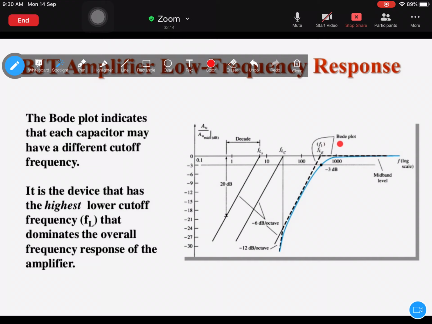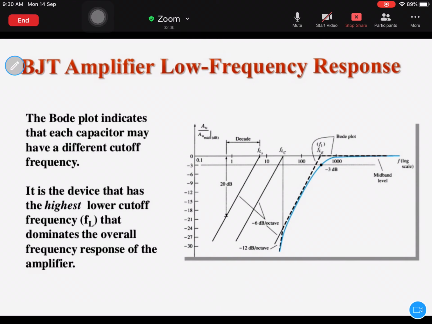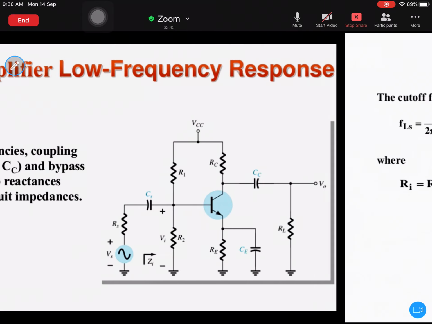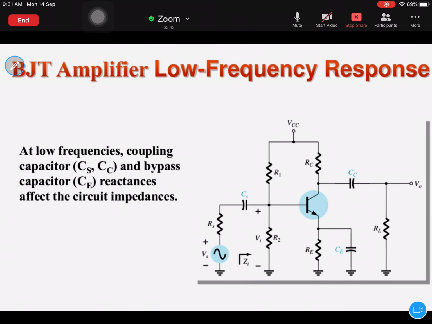Okay, small f1 is nothing but the lower cutoff frequency, and there will be one more frequency beyond which we should not operate, called f2 or fh, which is also known as the higher cutoff frequency. That is in the case of high frequency response, which we will discuss later. Okay, so with this the low frequency response of the CE amplifier is over.